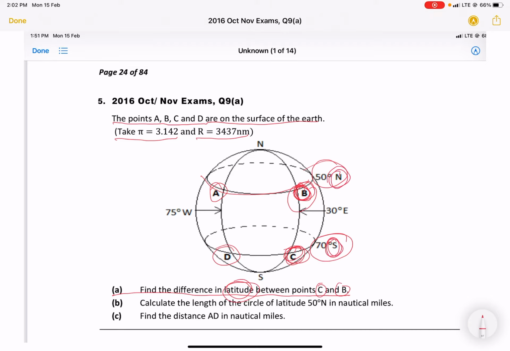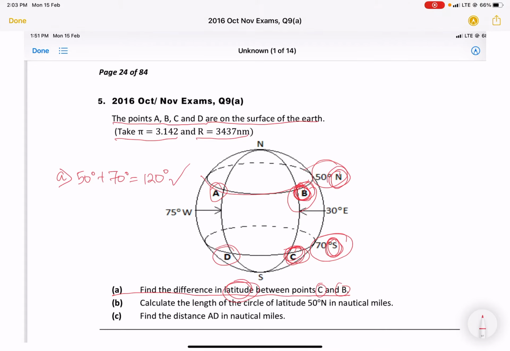Different poles you add, same poles you subtract. So the answer for A will be 50 degrees plus 70 degrees, which is equal to 120 degrees. So we have that as our difference in latitude between C and B.